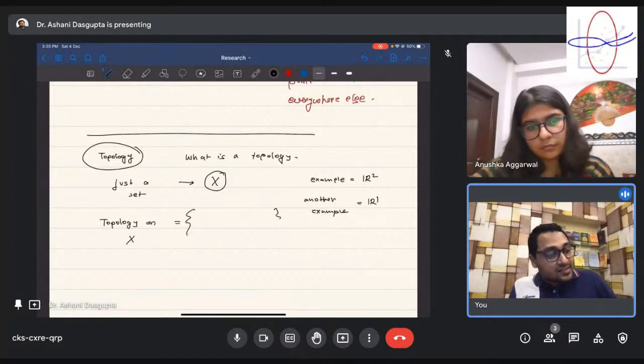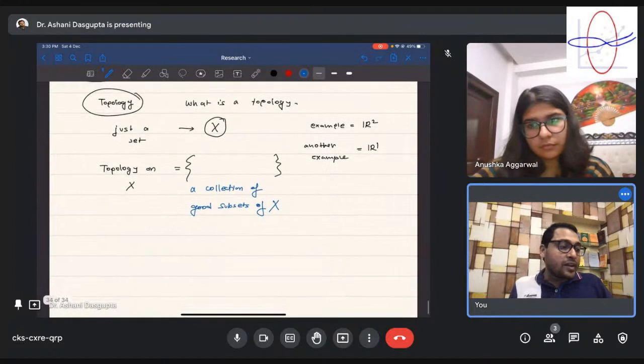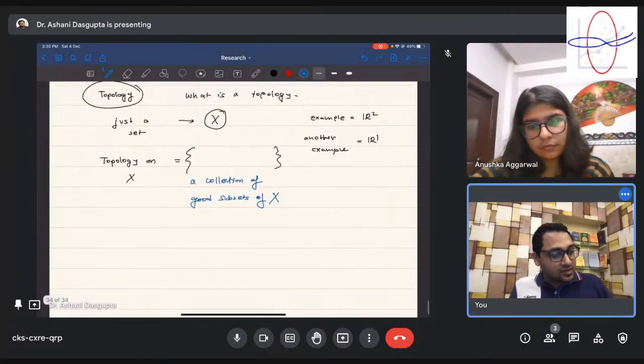So what is a topology? A topology is simply a collection of good subsets of X. Now when is a subset good? What makes a subset good?